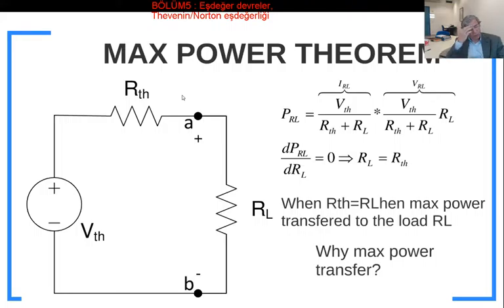So how can you explain that? For example, your TV set. If it consumes less power, that means you're going to pay less to the power company for the electricity. Less power, less money that you're going to pay. That's why we expect all the elements to consume or absorb a minimum amount of power.